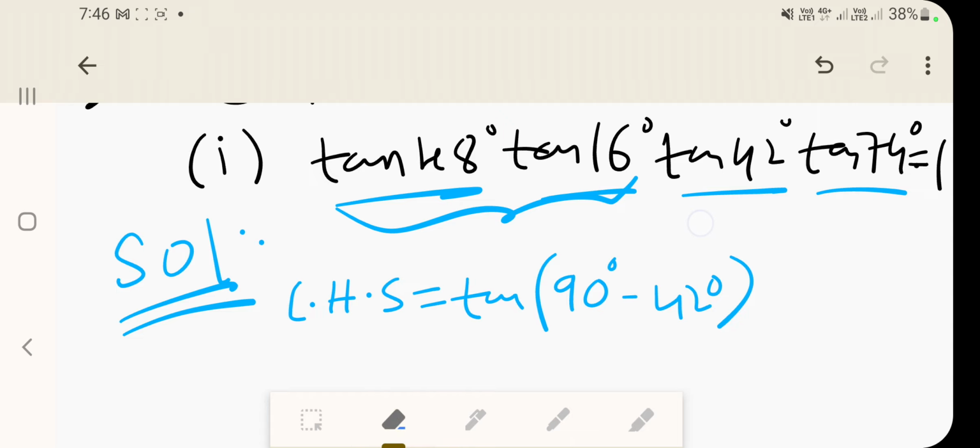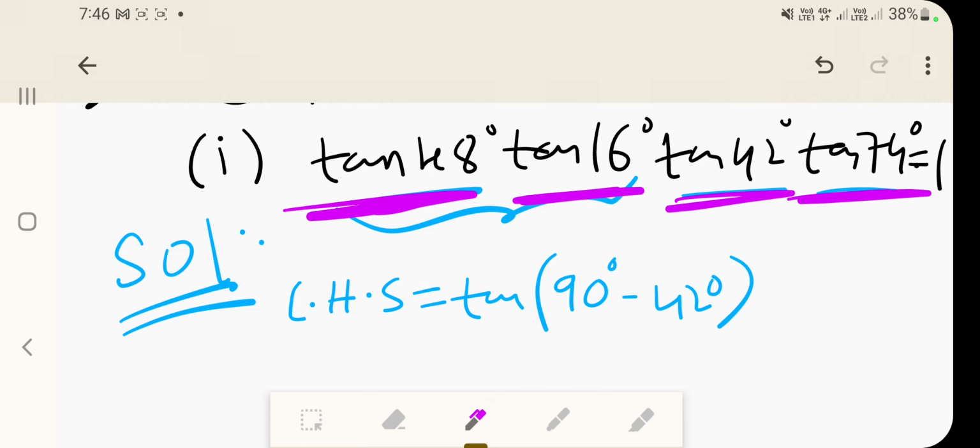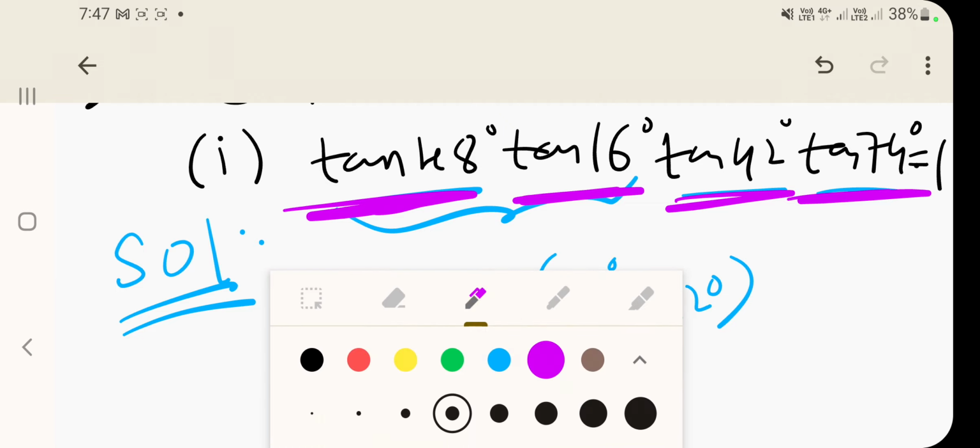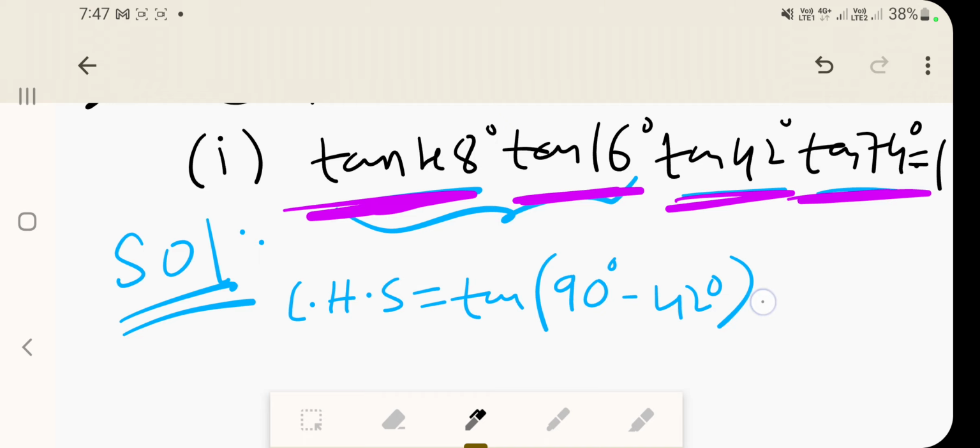Any one change we can make. Out of 4 terms here we have tan 48, tan 16, tan 74, any 2 only we are going to change. We can write tan 90 minus 42 for tan 48. Now tan 16 can be written as tan 90 minus 74.